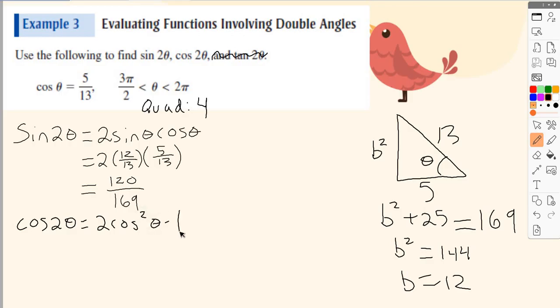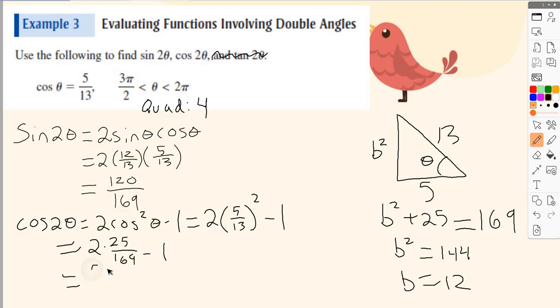And this time it's nice because we don't even have to solve for anything. We just have to plug in 5 over 13. And if we aren't great with fractions, then you can plug that into your calculator. Not that fractions are bad, but if we did square that, notice 5 squared is 25, 13 squared is 169.